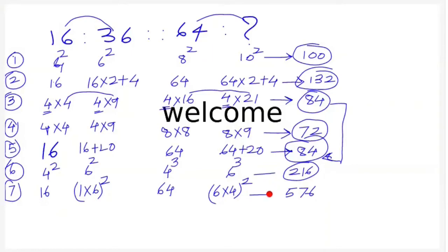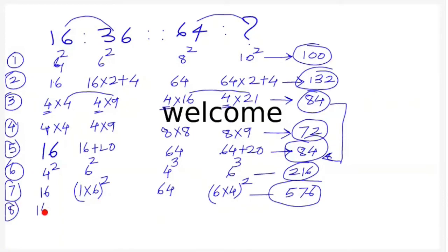So if 100 is not in the option, 132 is not in the option, 84 is not in the option, 72 is not in the given option, 216 is not in the given option, then you have to think in this way. This can be your answer. Getting? Okay.